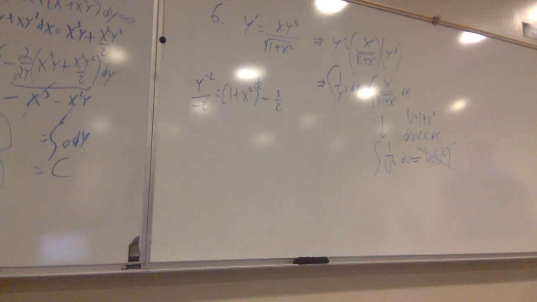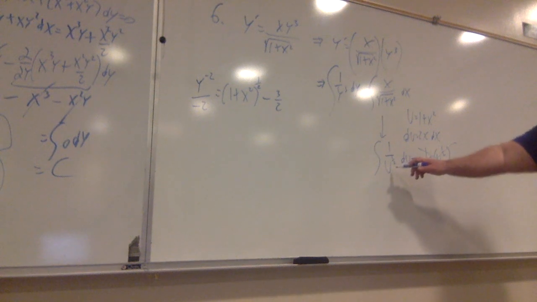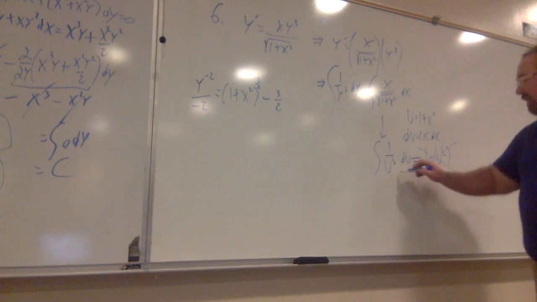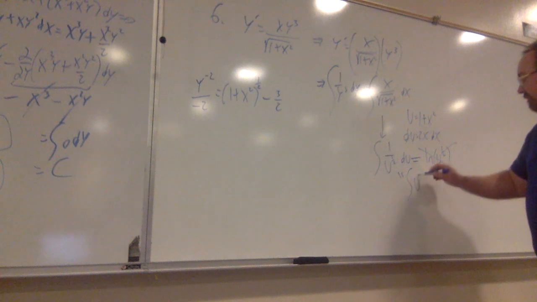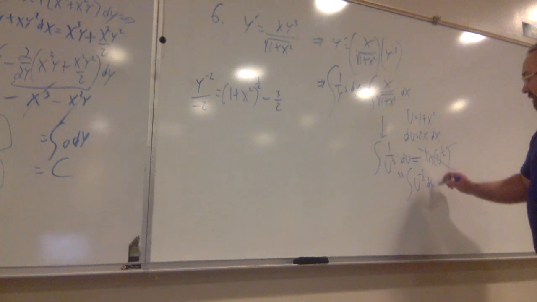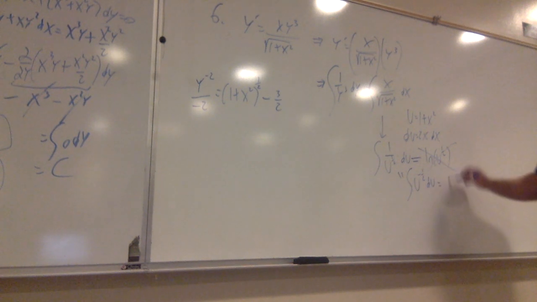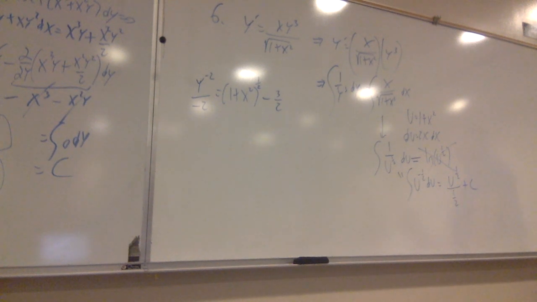The integral of 1 over u is natural log of u. The integral of 1 over anything is not ln of anything, necessarily. It's only in that one special case where it's 1 over u. This calls for power rule, because you can write it as u to the minus 1 half du. So then you get u to the plus 1 half over 1 half. So that's how that needs to be handled.